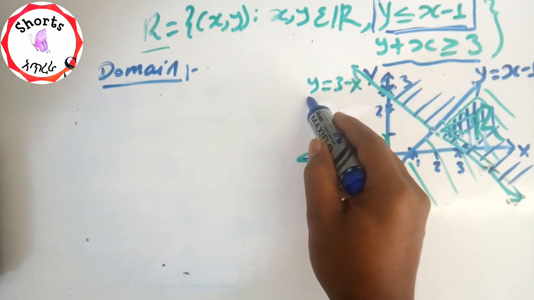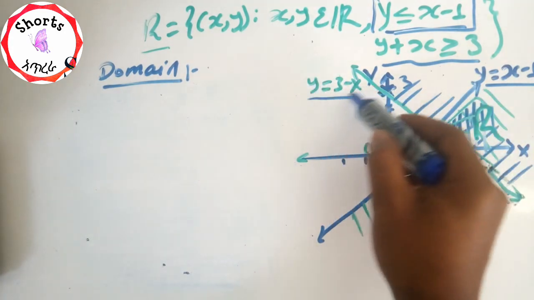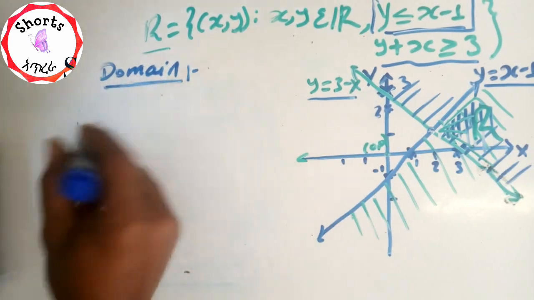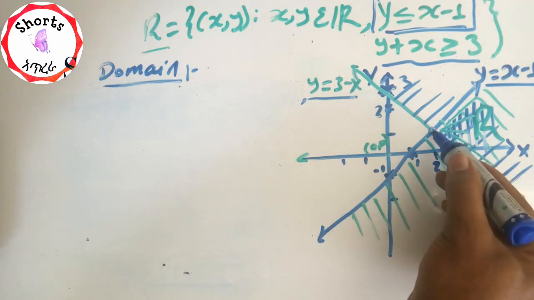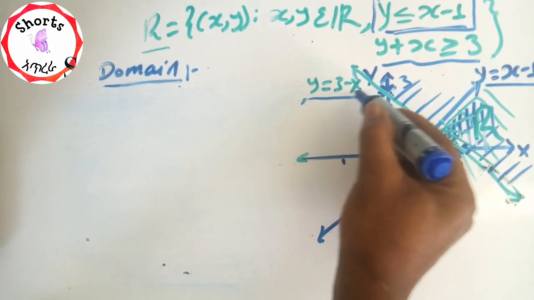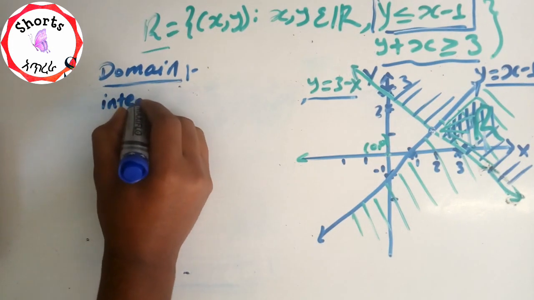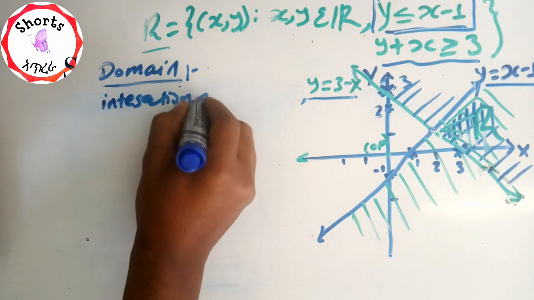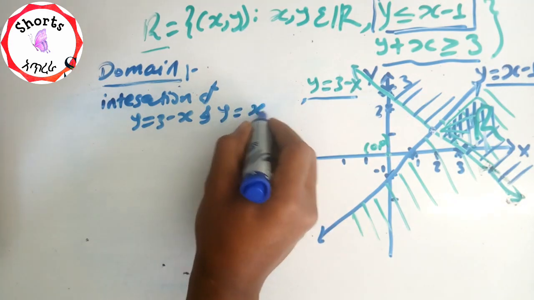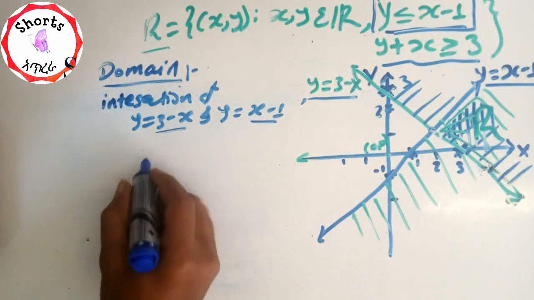To find this point, it is the intersection of y is equal to 3 minus x and y is equal to x minus 1. When we find the intersection point of the two lines, we can get the value of x for the domain. To find this point, we have to solve for the intersection of y is equal to 3 minus x and y is equal to x minus 1.